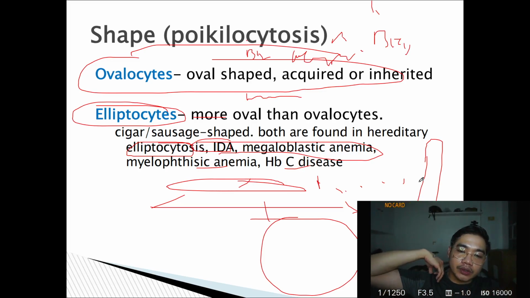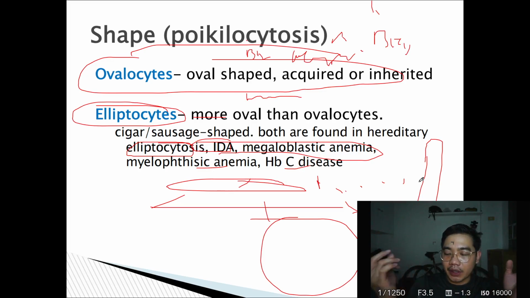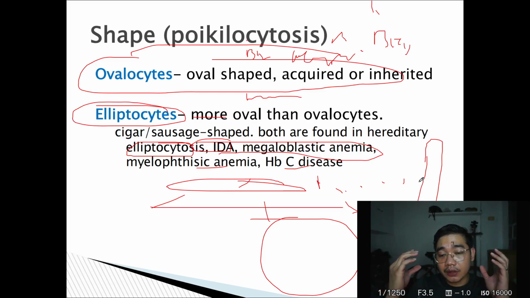I'm not saying that it's a direct example. What I'm saying is, the red blood cell is basically just a balloon that holds hemoglobin, shaped like a biconcave disc. But if the contents are improper, or there are problems with the contents, of course the overall shape is also going to suffer, no?